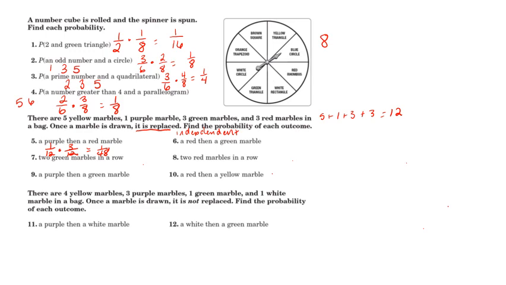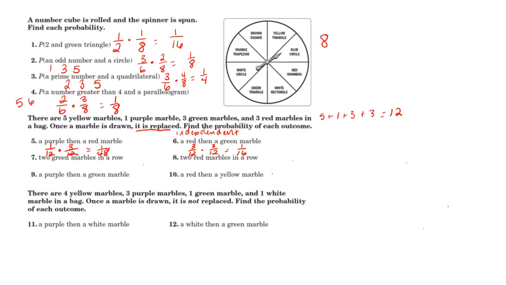How about a red, then a green? So there's 3 red times there's 3 green. Multiply those, I get 1/16. 2 green marbles in a row. So how many green marbles are there?